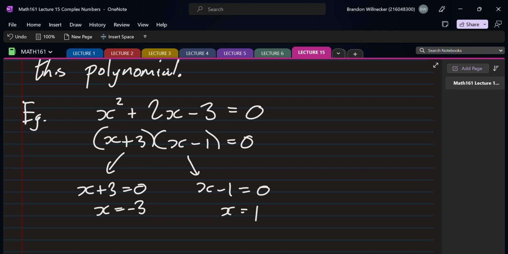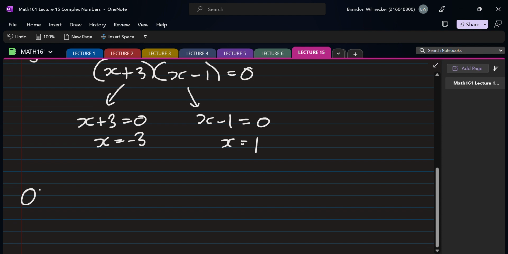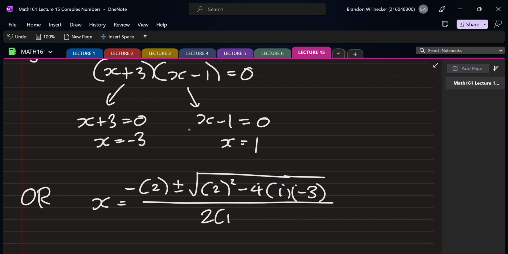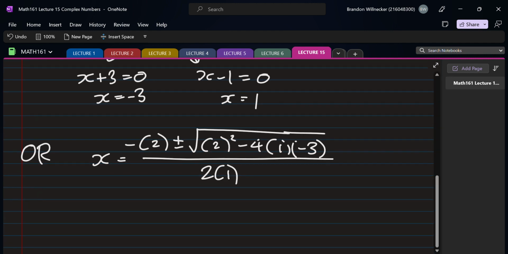So we can use factoring, or we can use the quadratic formula. We can write x is equal to minus b plus or minus the square root of b squared minus 4ac, all over 2a, and we can simplify this.